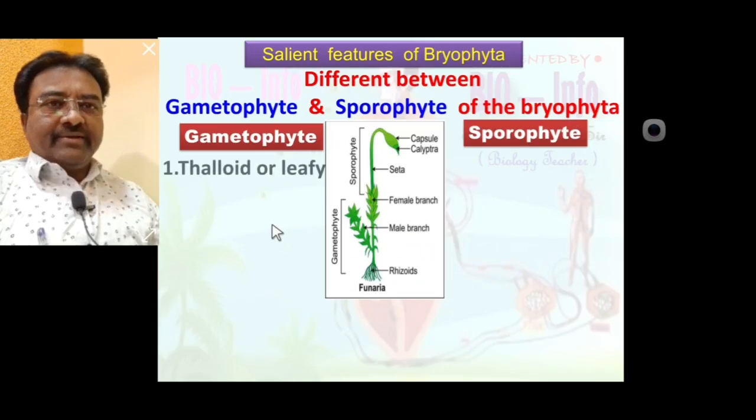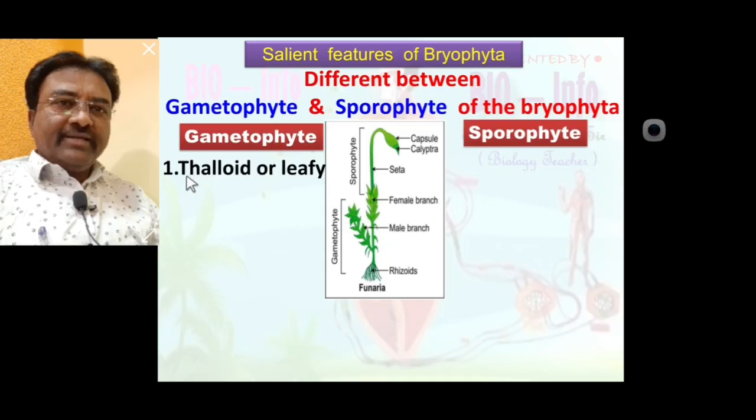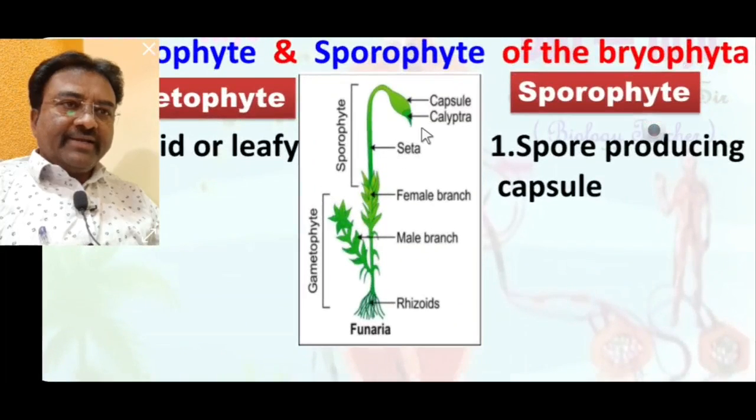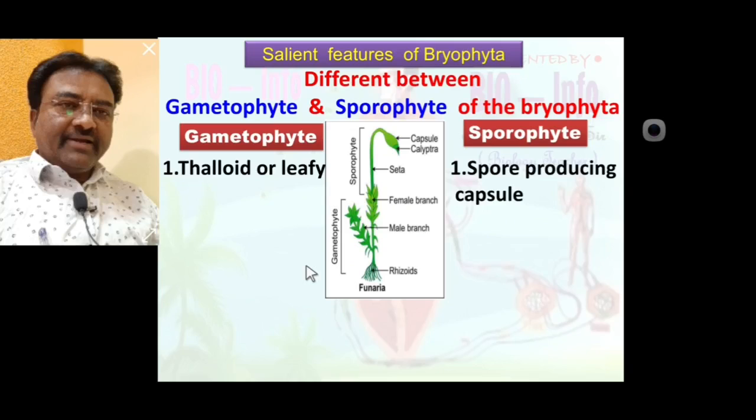First point of gametophyte. Gametophyte is a thalloid or leafy structure, while sporophyte is a spore producing capsule. So this is the spore producing capsule, the sporophytic stage of the bryophytic plant, and this is the leafy thalloid green colored structure called the gametophytic structure of Bryophyta.